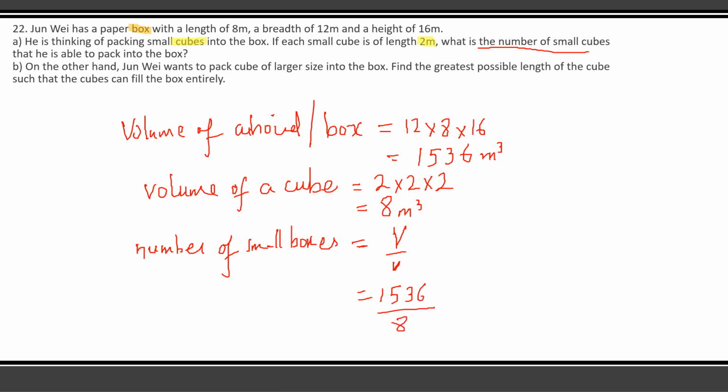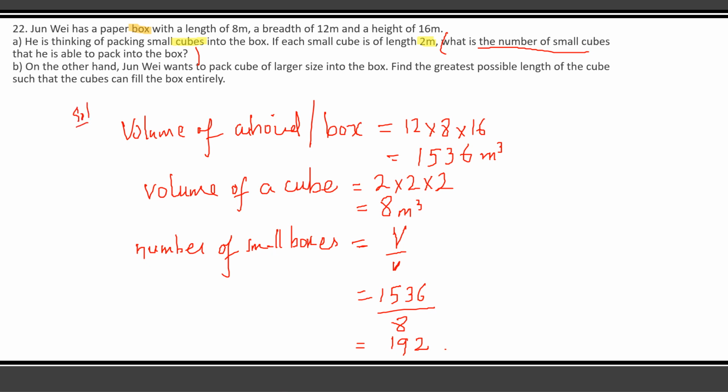In this way you will know how many cubes he is able to pack inside the big box. 1536 divided by 8 will give you 192, right? That is the answer for the number of small cubes he is capable of packing inside the box. That is 192.